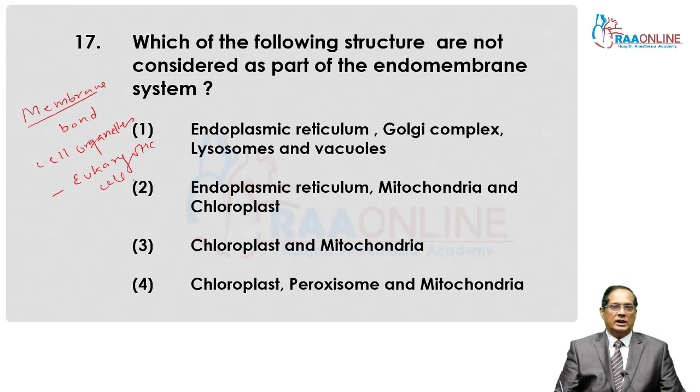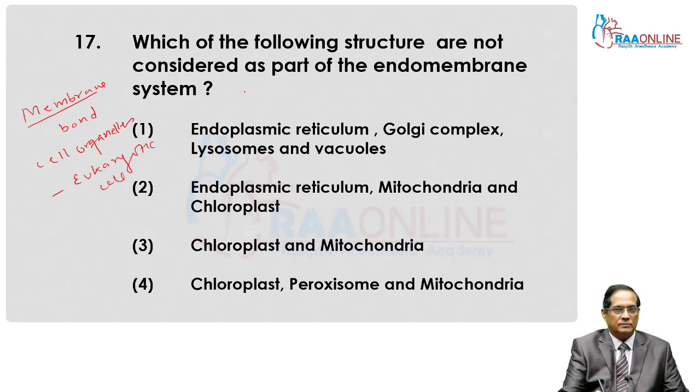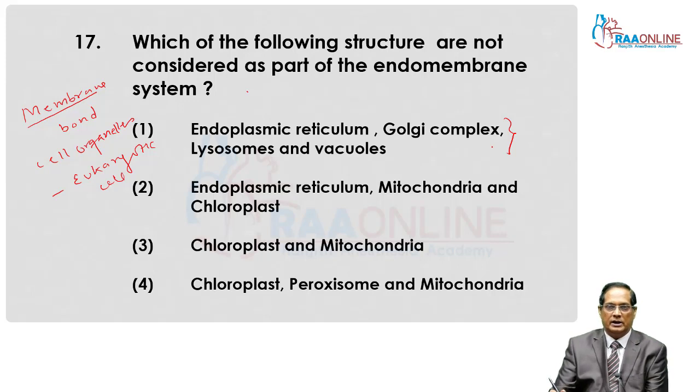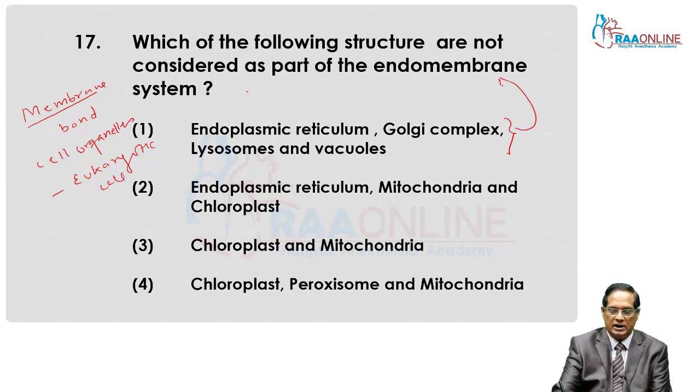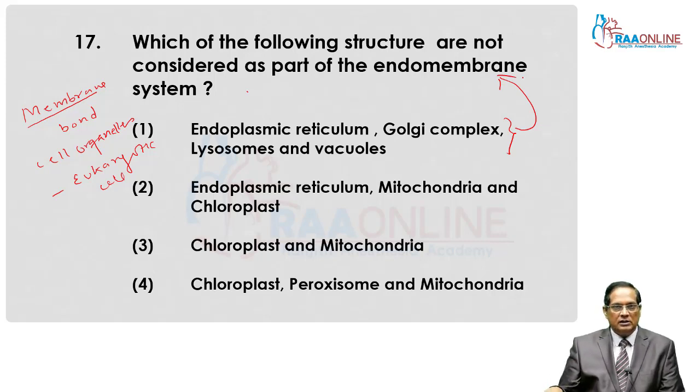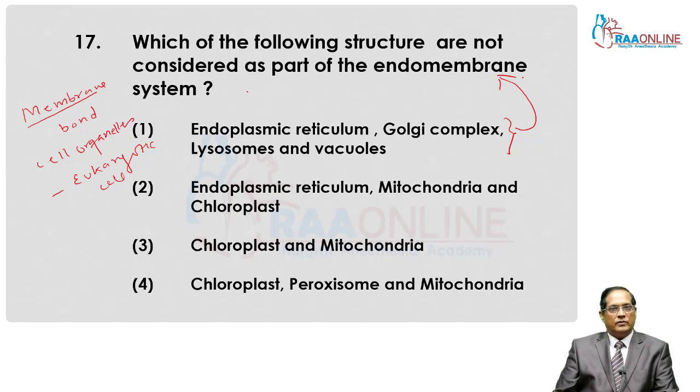Some cell organelles have their functions coordinated, like endoplasmic reticulum, Golgi body, lysosome, vacuole. They function in a coordinated manner, and those organelles are part of the endomembrane system.